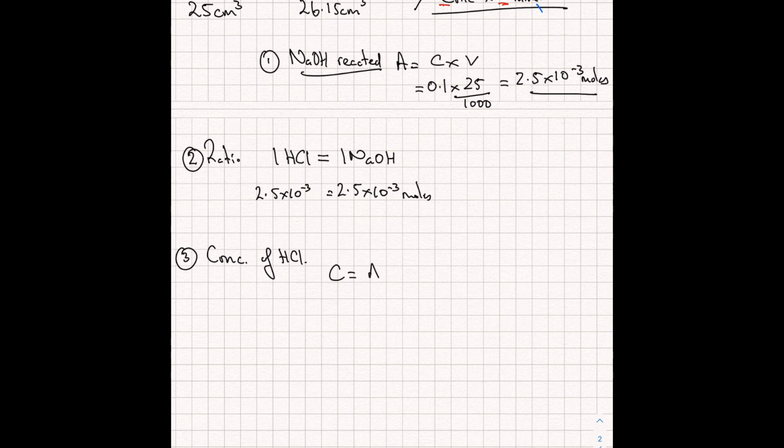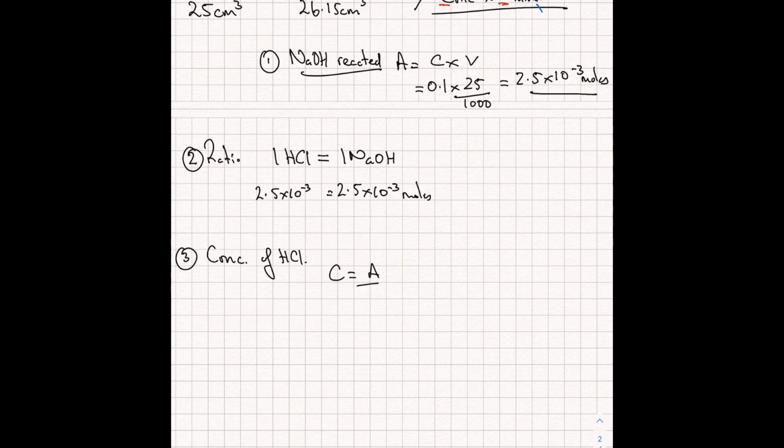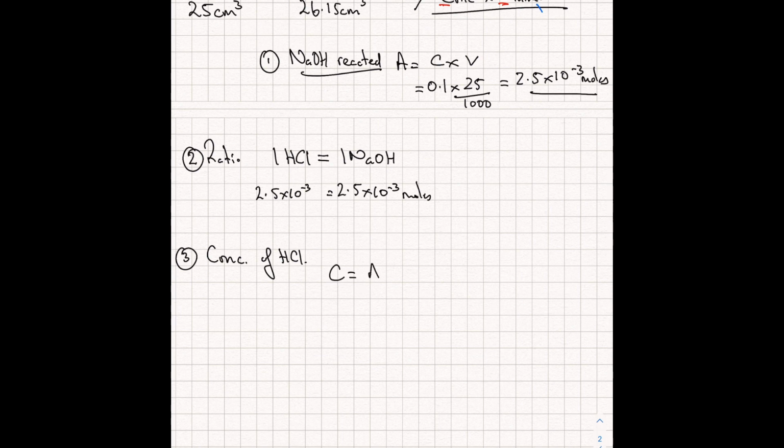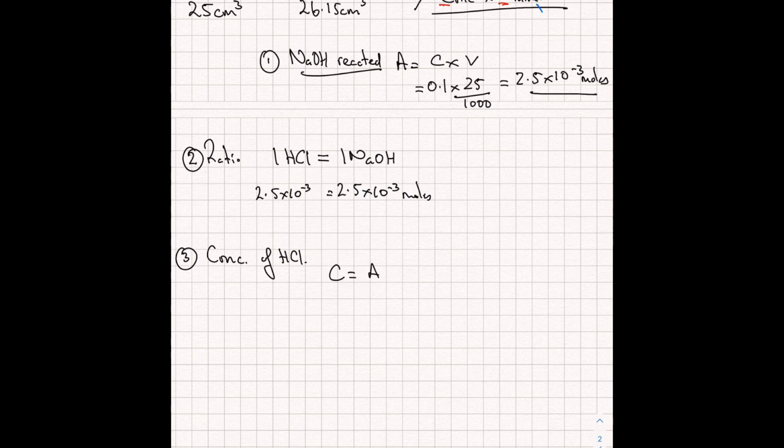Step 2 is the ratio. The ratio again is 1 mole of HCl to 1 mole of NaOH. We've just worked out that you've got that many moles of HCl, so it's going to be the same number of moles of NaOH. The final step is to work out the concentration of NaOH.